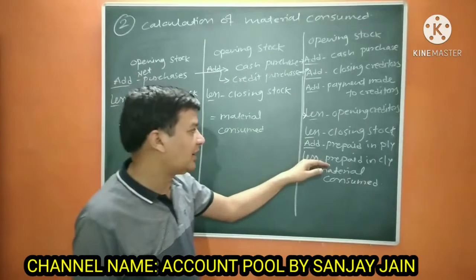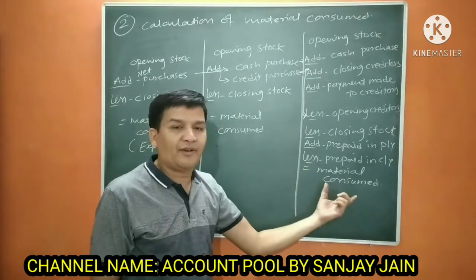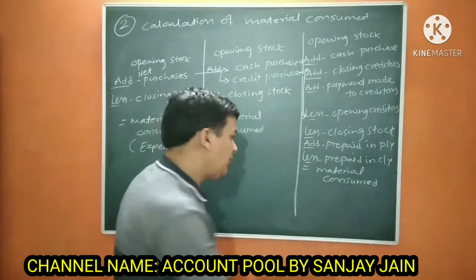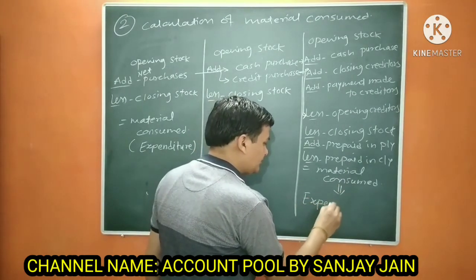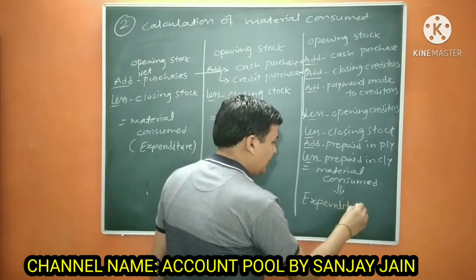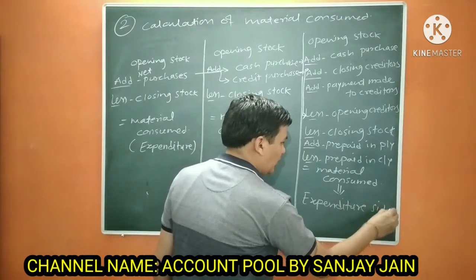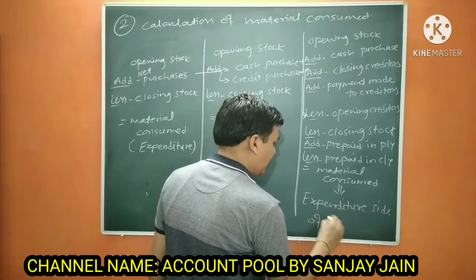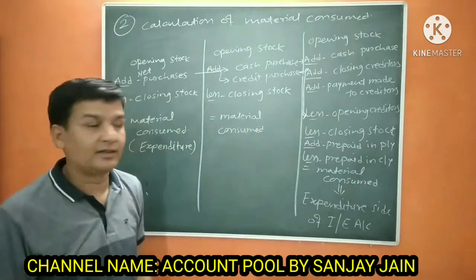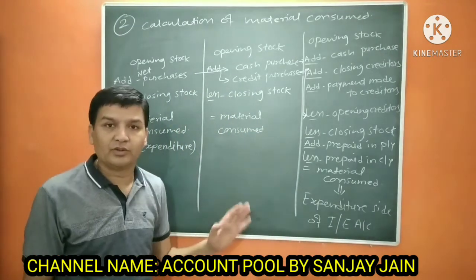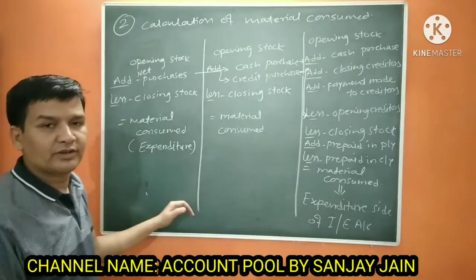So we are going to deduct that. We will get the final conclusion, material consumed, and it will be shown in the expenditure side of the income and expenditure account. You should keep in mind this thing. Is it very clear? So now we move to the third concept.